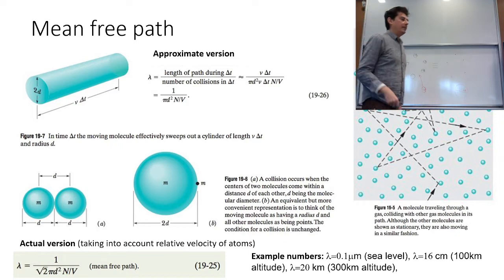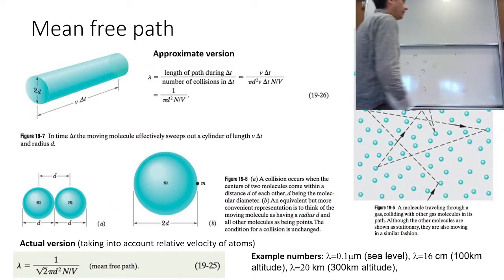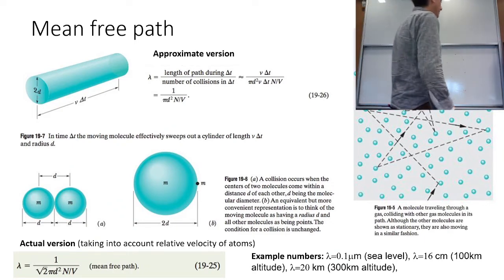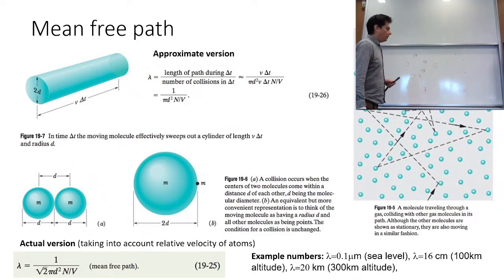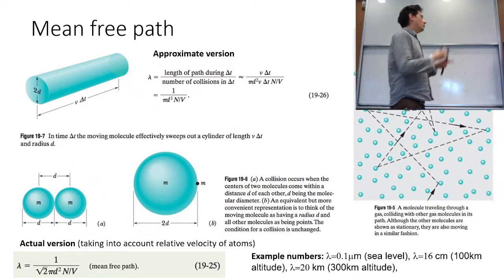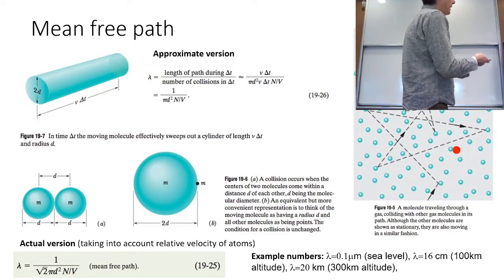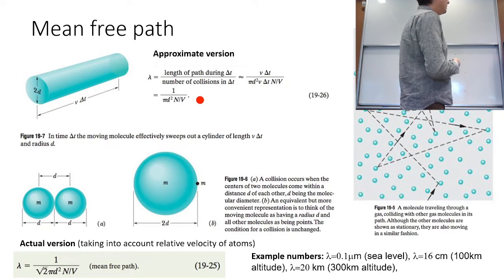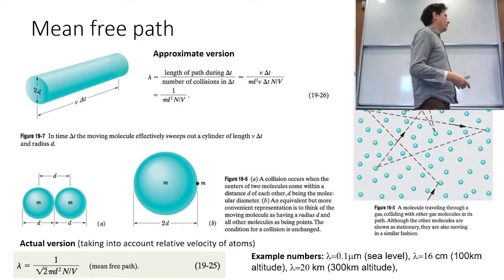So we made that simplifying assumption, and I won't go into the details, but if you take into account the actual movement of the background atoms, then you get a slightly different estimate for the velocity, because now there's a relative velocity between the atoms.